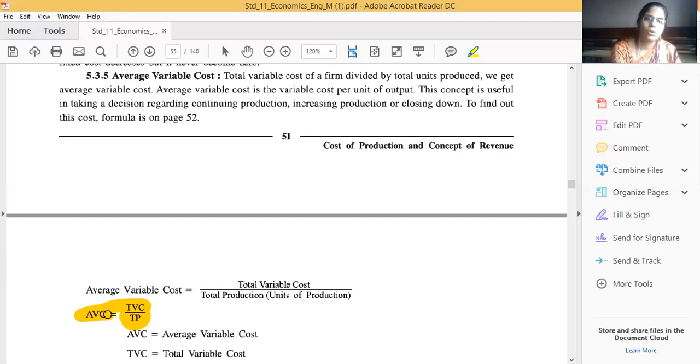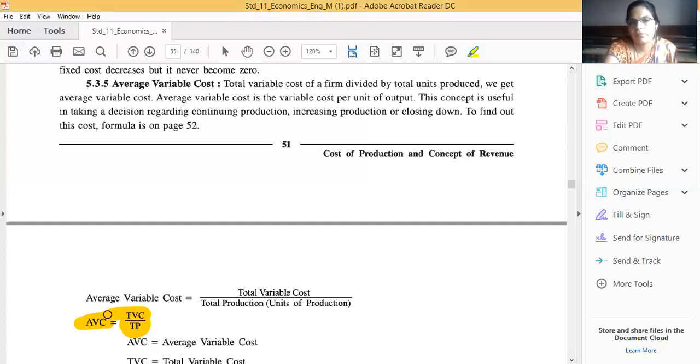Suppose total variable cost is 5,000 and production is 1,000 units. So 5,000 divided by 1,000, then how much will you get? 500 or 50? What we get is the average variable cost.